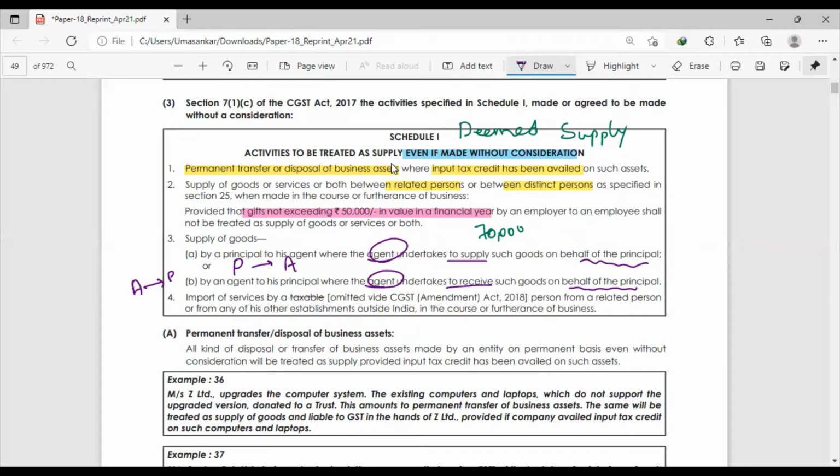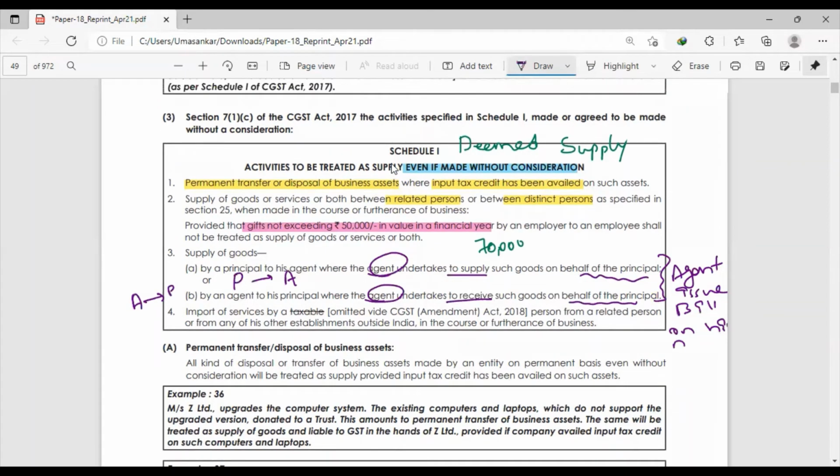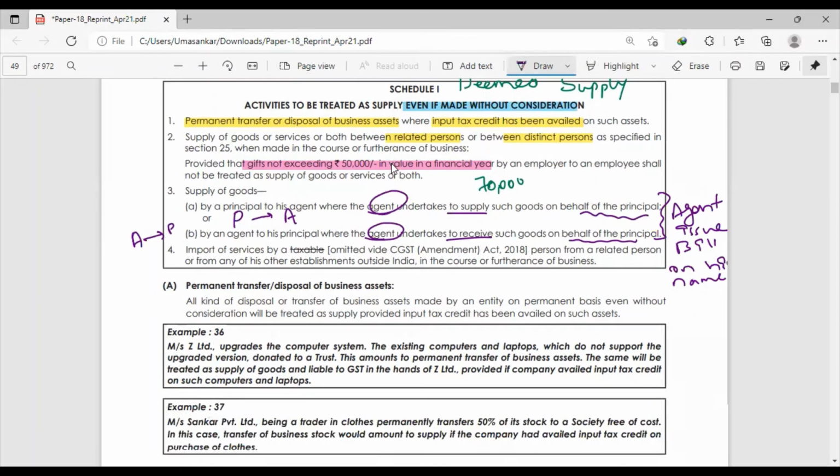Okay, in both the cases, if the agent issues the bill in his own name, then it will be considered as deemed supply. If the agent gives the invoice in the name of the principal only, then it will not be considered supply.